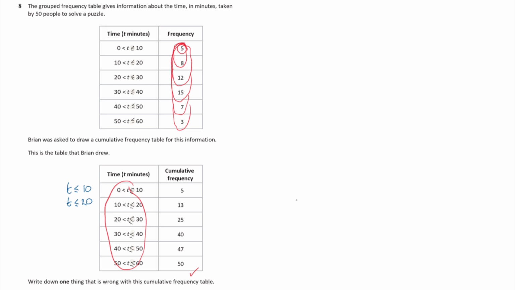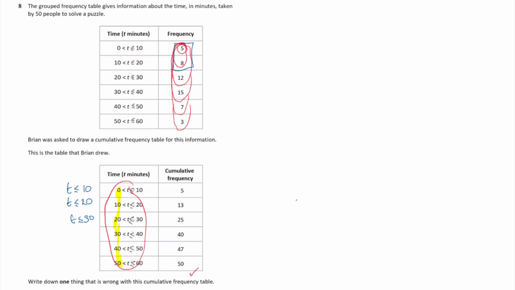In other words, it includes both of these in here, and so on. It should be t is less than or equal to 30. So it doesn't have this left hand limit on this side. That's not going to be there, because if it was there, then it should be the same as the frequency table above. So that isn't quite right.